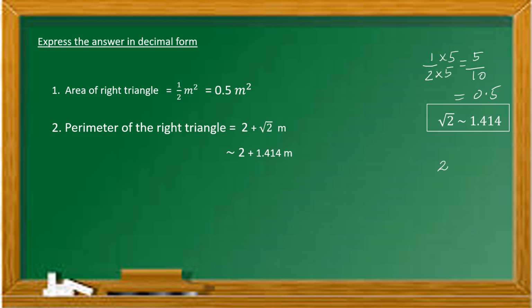You can put 2.000, and again 1.414. On adding, the answer will be 3.414 meter. Okay. So we have expressed both in terms of decimal forms.